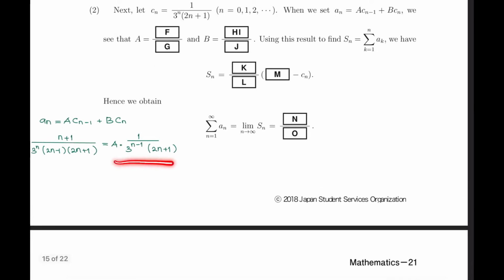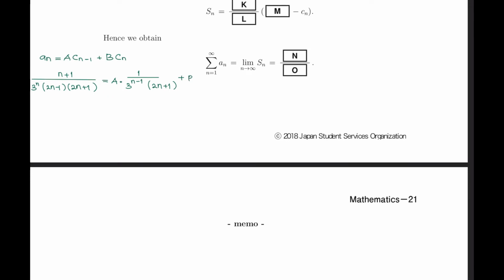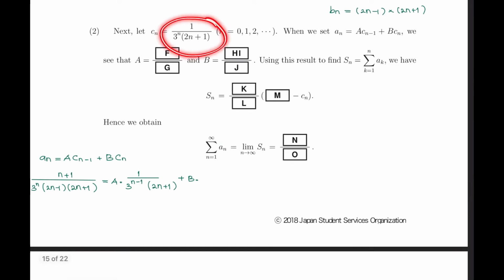This is A times Cn minus 1, and then we have to add B times Cn. They already give us the Cn, which is 1 over 3 to the power of n times 2n plus 1.